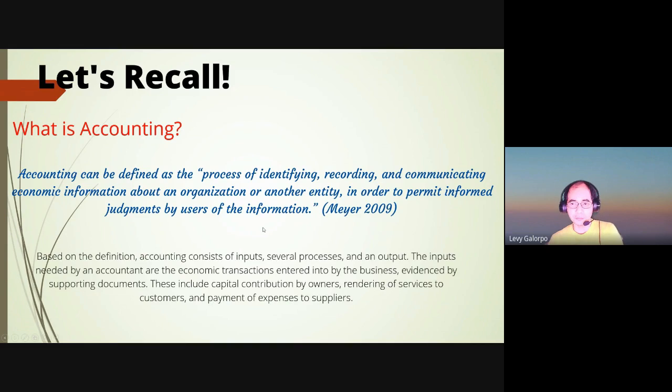So the inputs needed by an accountant are the economic transactions entered into by the business, evidenced by supporting documents. Okay, not a business transaction if there is no supporting document. Okay, this includes capital contribution by the owners, rendering of services to the customers, and payments of expenses to suppliers.